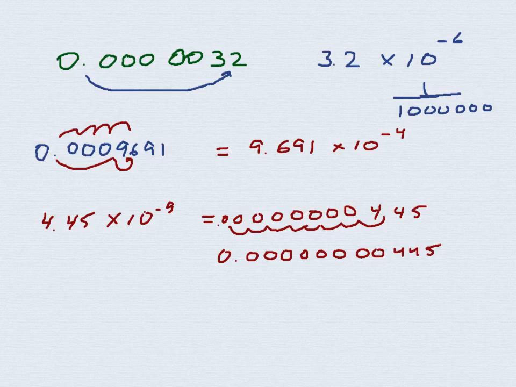There is a button on your calculator that will allow you to do this. On many calculators, it's either an EXP. Some calculators, if it's a Texas Instrument, it has an EE. Some calculators have it by times 10 to the power Y. And the way that you put them in there is you would type in, for example, 3.2, hit the EXP button.